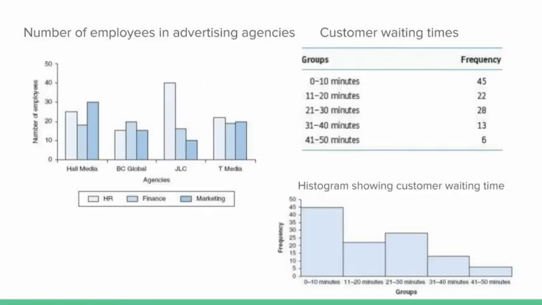Another example shown on screen is the bar charts and histogram. In bar charts, we illustrate the number of employees in advertising agencies. Employees are in different departments of HR, finance, and marketing.